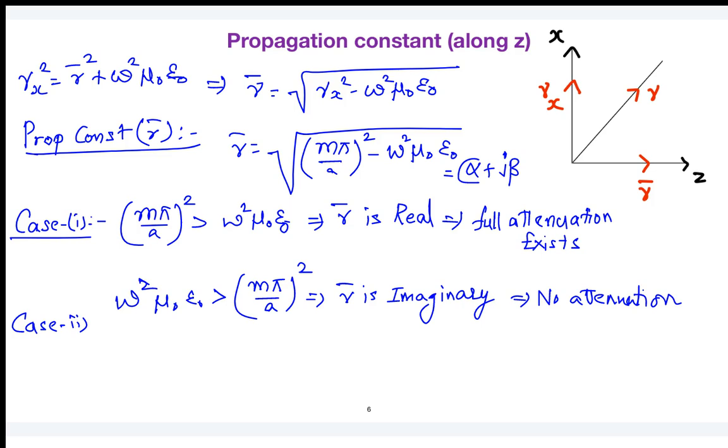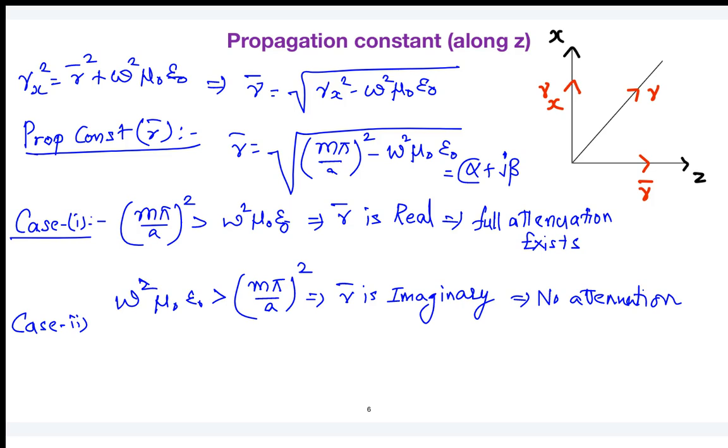When you find the cutoff frequency, you just equate these two terms. That gives the starting frequency beyond which there will not be any attenuation. In the next section, by equating these two, we are going to find the cutoff frequency.